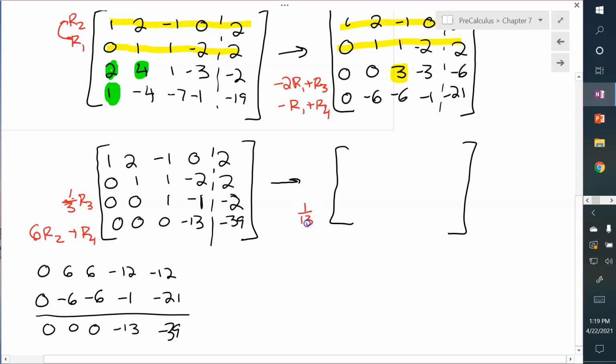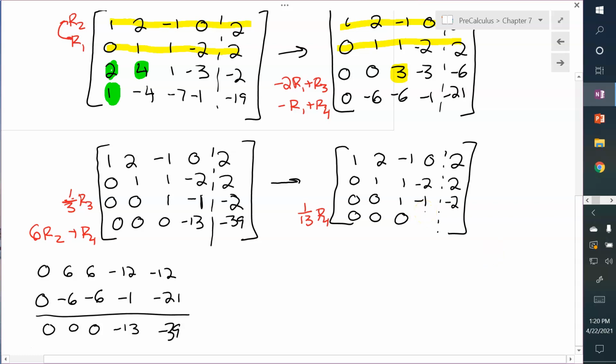So 1/13, row 4. I'm going to get 1, 2, -1, 0, 2. Put in my little dash line. 0, 1, 1, -2, 2. 0, 0, 1, -1, -2. And then 0, 0, 0.